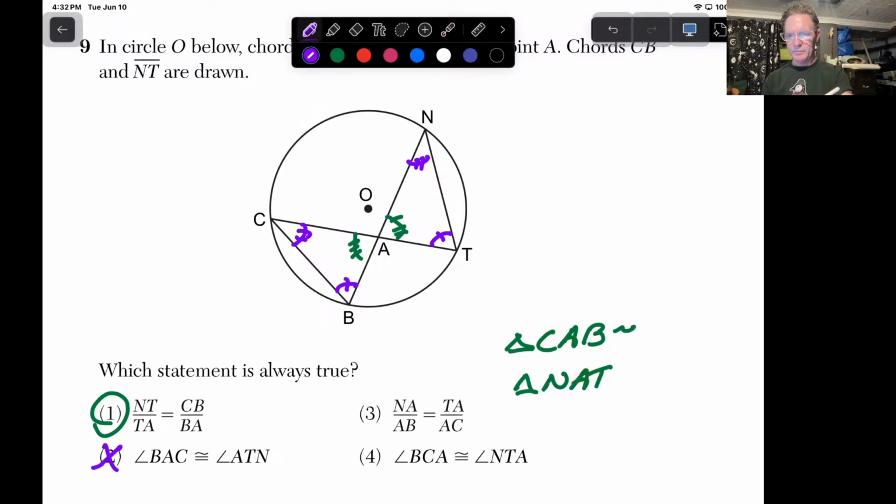So that's out. BCA is congruent to, no, this is wrong. They don't map up either. Again, stacking the letters really helps you line those things up. And so it's just a matching game, right? Just match them up.